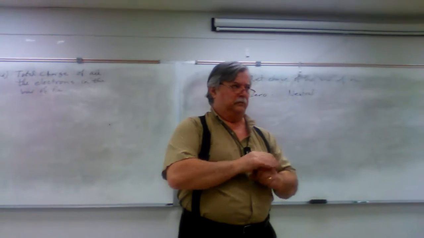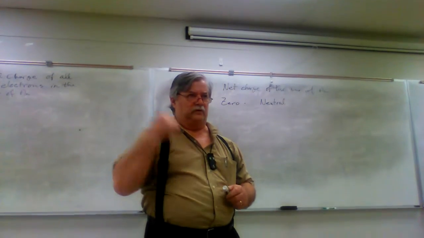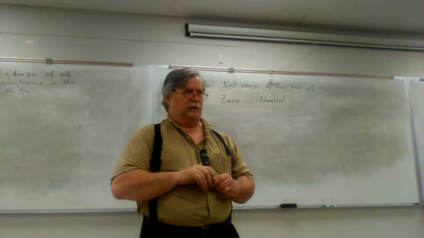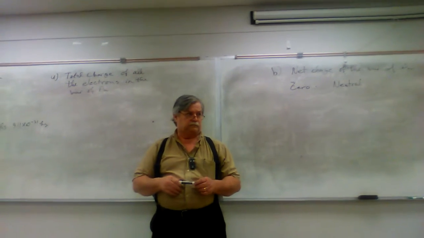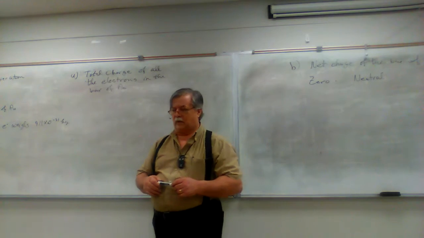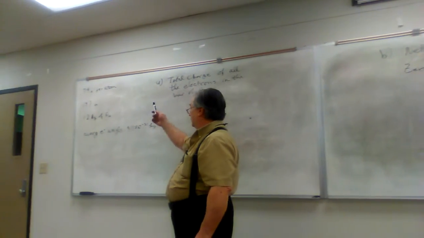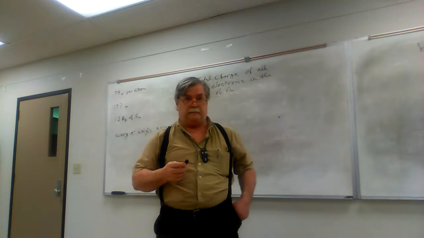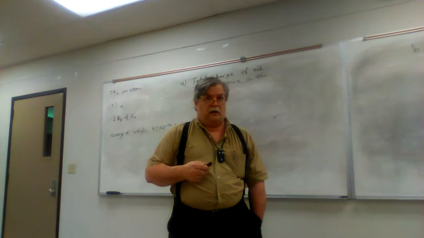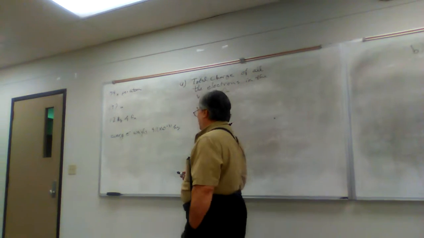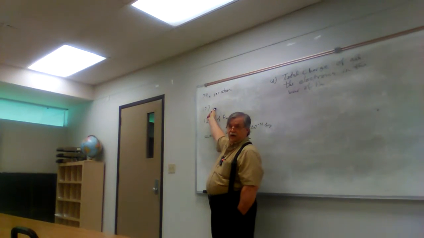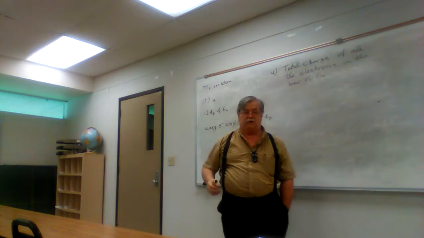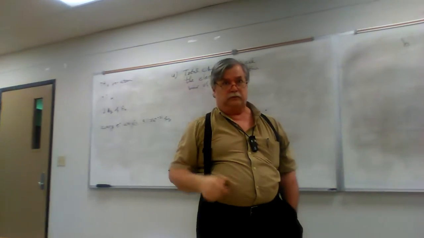Does that help us? Do we need to know that to solve this problem? What we need to know is how many electrons there are. And we know that there are 79 for every atom. And we know that the atomic mass of an atom of gold is 197 AMU, or U.